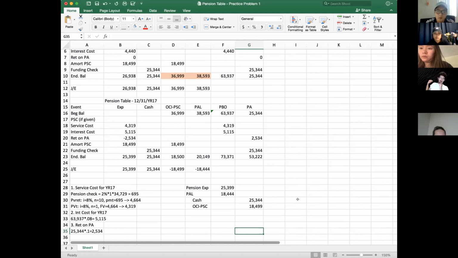Not 3 consecutive years. All right, why was OCI PSC debited in year 16 but credited in year 17?